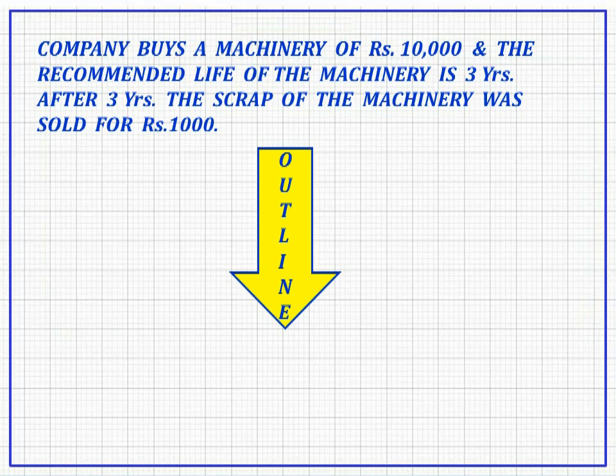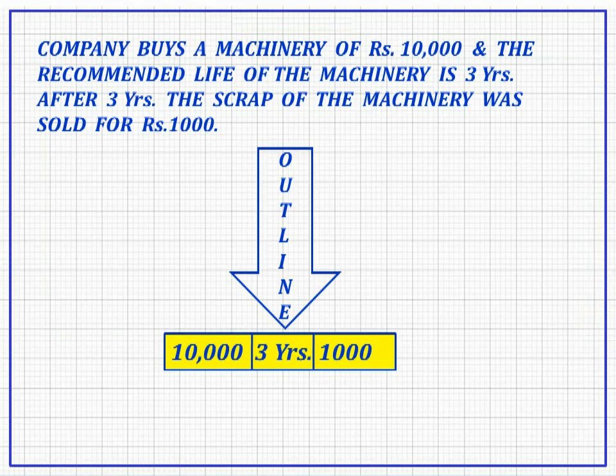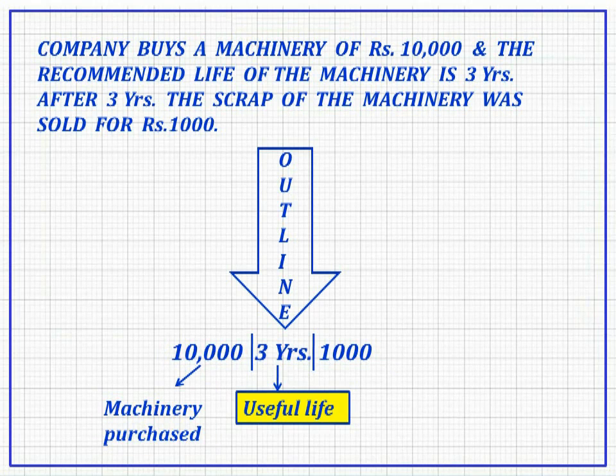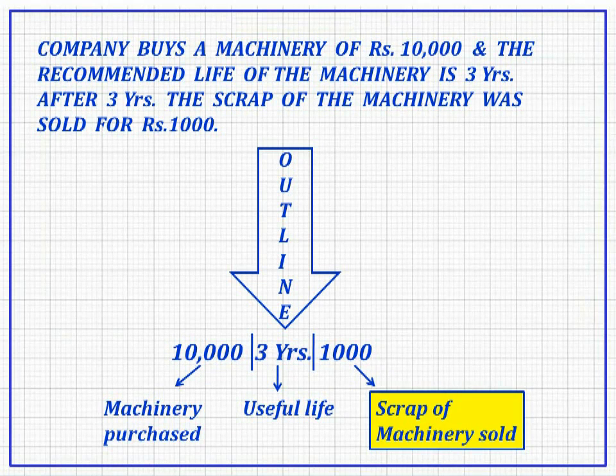So this can be the style of outlines of the questions. 10,000 bar, meaning the vertical lines, 3 years bar 1,000. It means the machinery was purchased for rupees 10,000 and the useful life was 3 years, and after 3 years the scrap of the machinery could be sold for rupees 1,000.